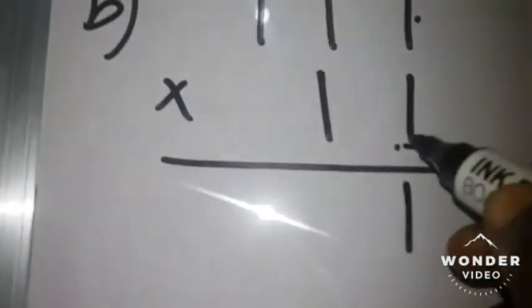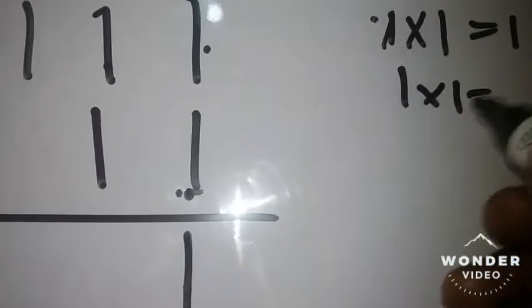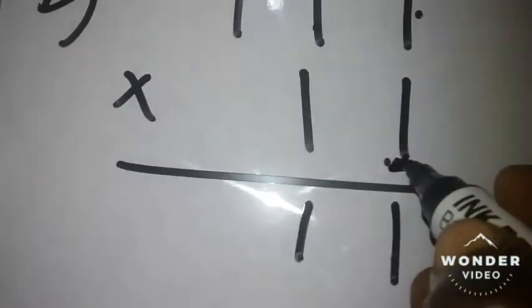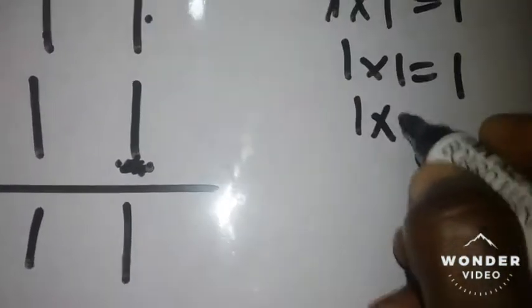Then you pick the same 1 times this 1 up here. 1 times 1 is equal to 1. Write 1. The same 1 here, because you use this first number digit to multiply the whole 3. So 1 times 1 is equal to 1. Write 1.